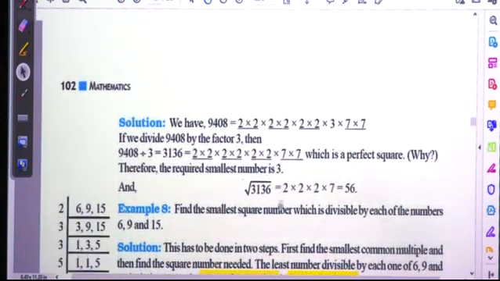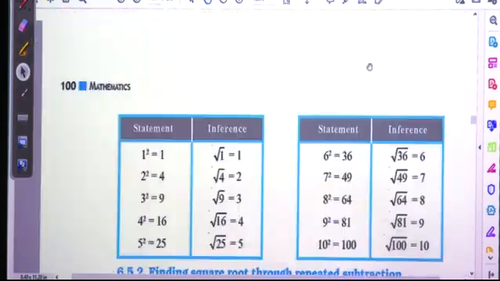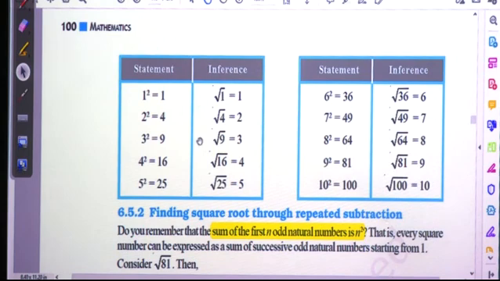Let us go back to what we have studied. Here you can see, 1 square is 1 and 9 square is 81, so 1 is in the units place. So, what can be the values? 1 square or 9 square.